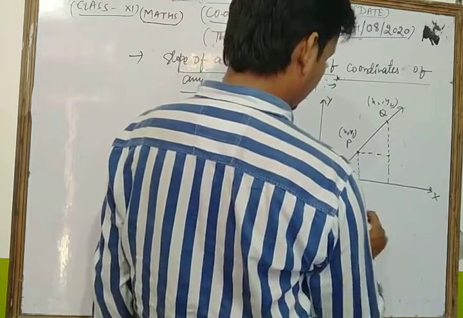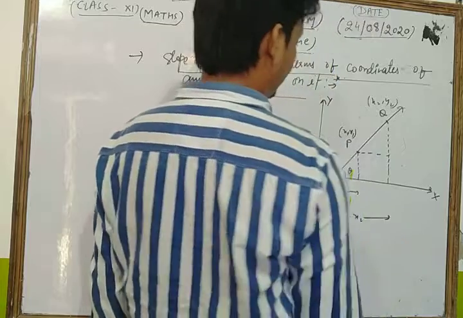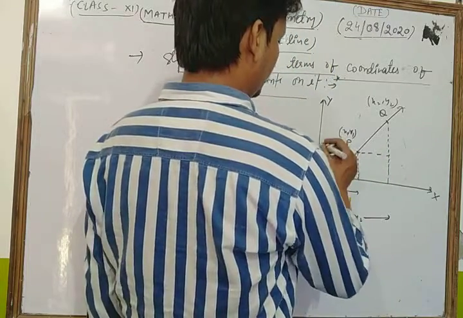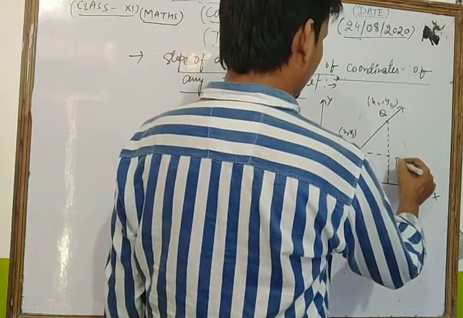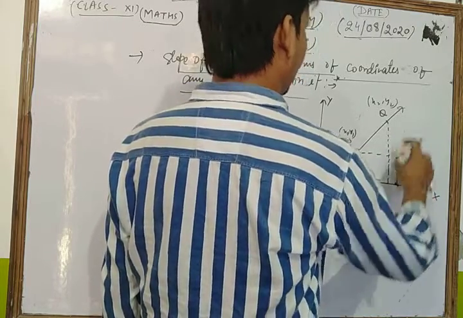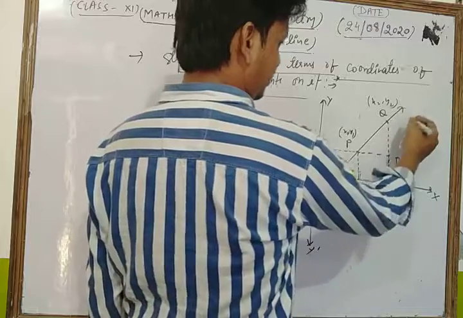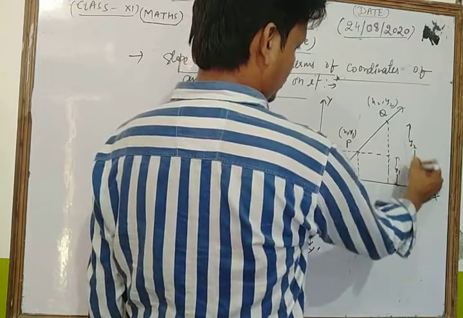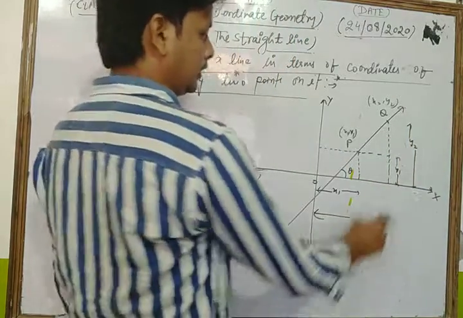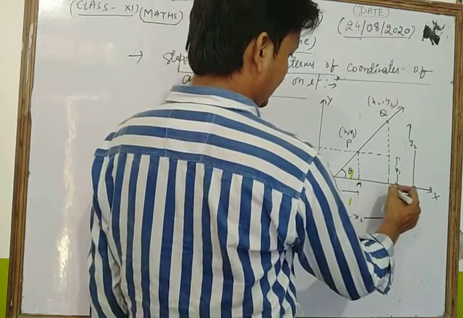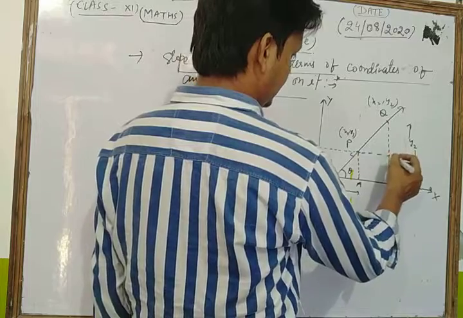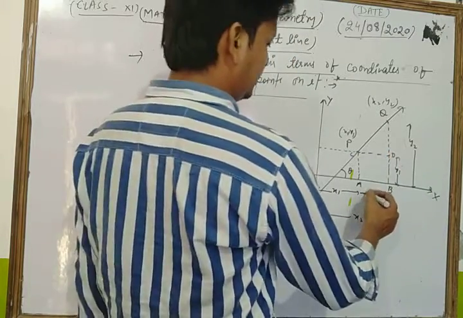Similarly this distance is y1, and this distance is y2. Then we name the points A, B, C, D.